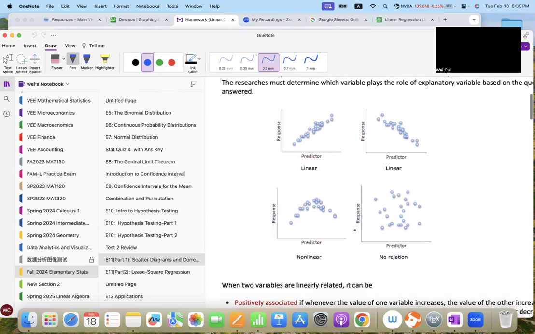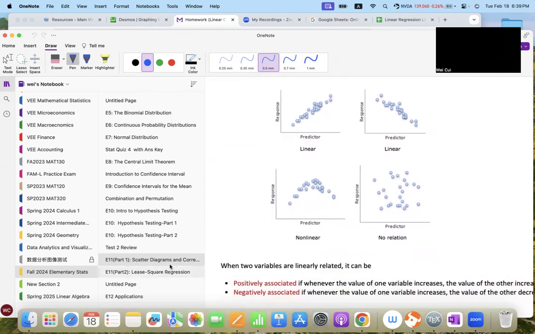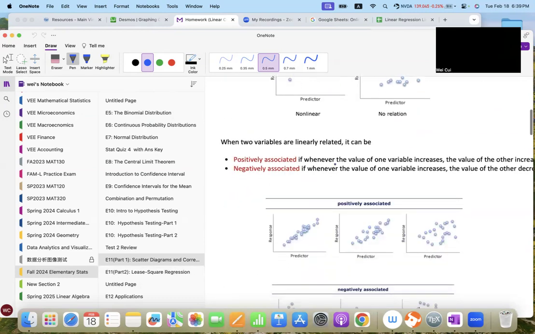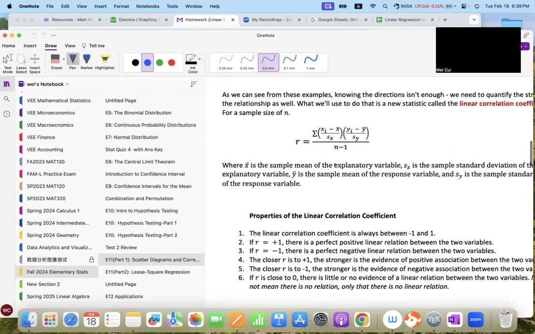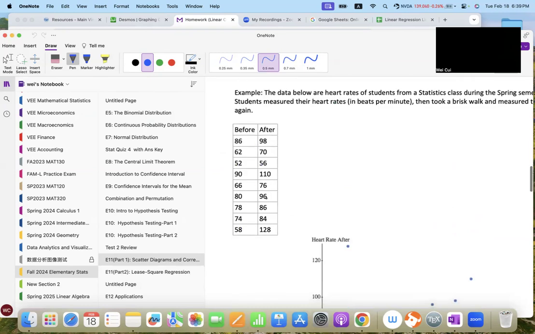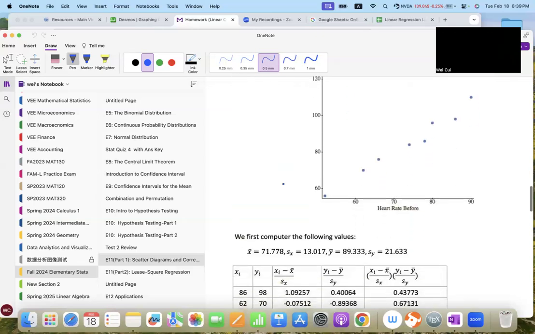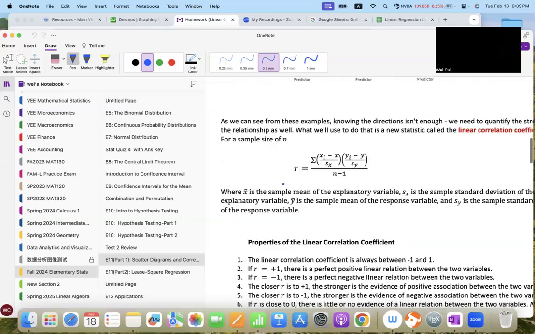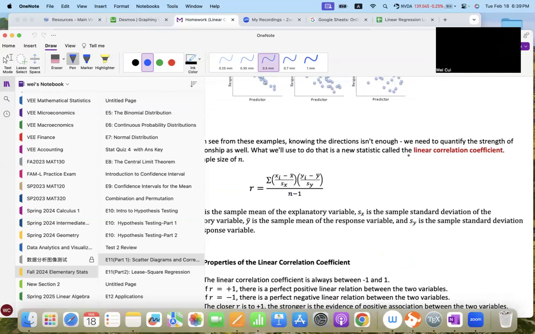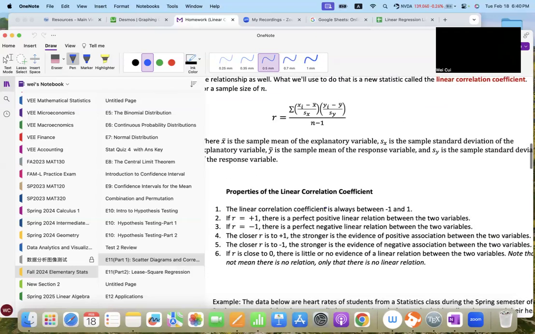Given a bunch of bivariate data like this, we can tell whether there is a linear relation or not by checking this number, which is called the linear correlation coefficient.